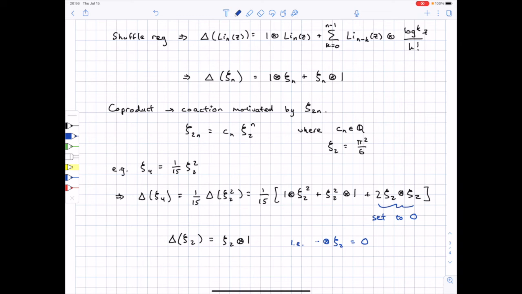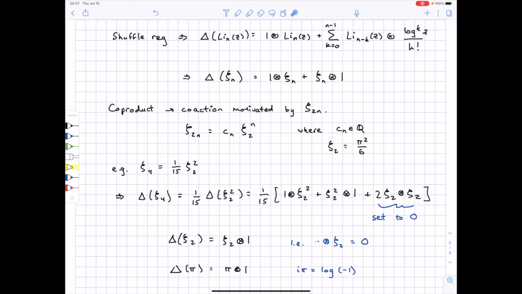Claude Duhr then argued that perhaps we could even construct the coaction such that delta of pi would only be pi tensor 1, whereas if you compare to the formulas we had above, right, pi, or actually particularly I pi, is log of -1, and you can construct exactly the same argument here by considering the square of e to the I pi, and when you take using the formula we derived for logs above, you'd also argue that you do not want to see pi's in the second entry.